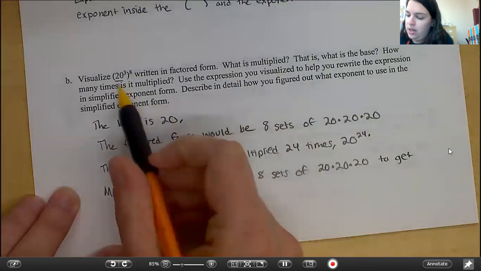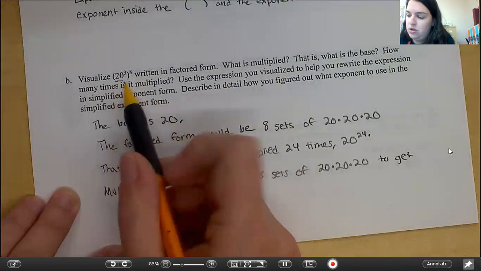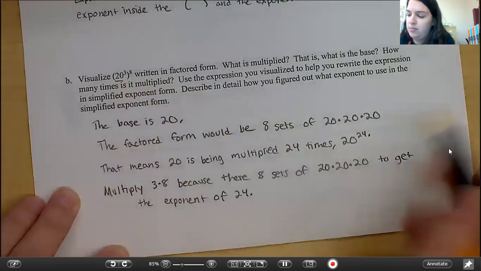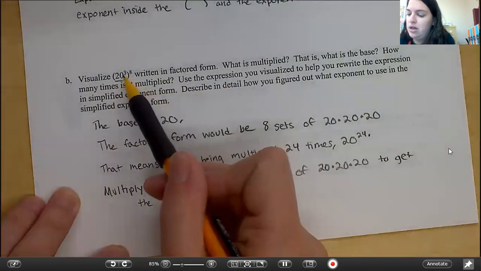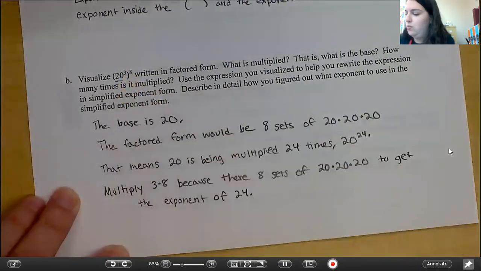Okay, so again, we have 8 groups of 20 times 20 times 20. So that means 20 is being multiplied by itself 24 times. But you could also look at this and say, okay, 3 times 8 is 24, so 20 to the 24th would be your answer there.